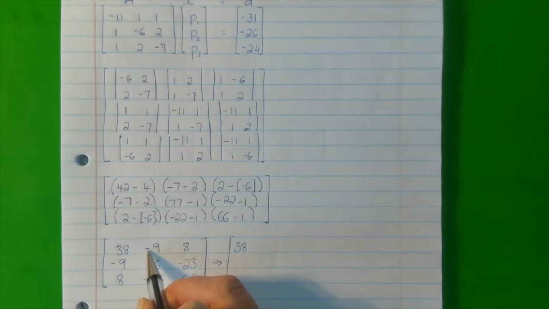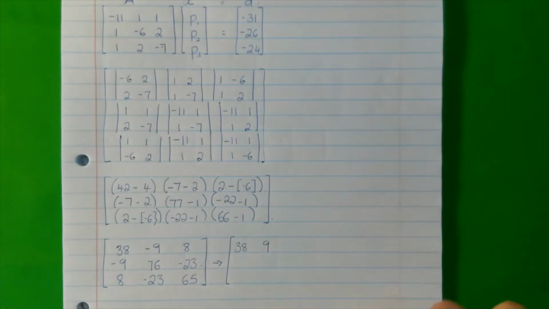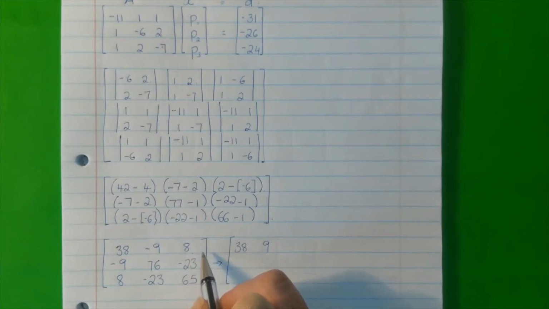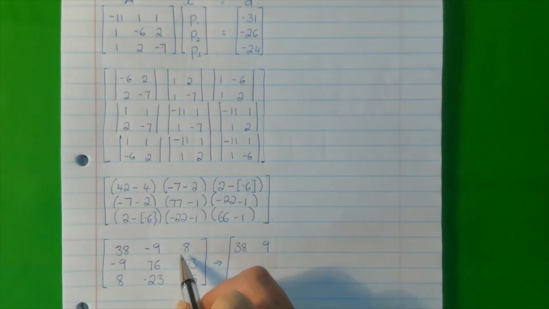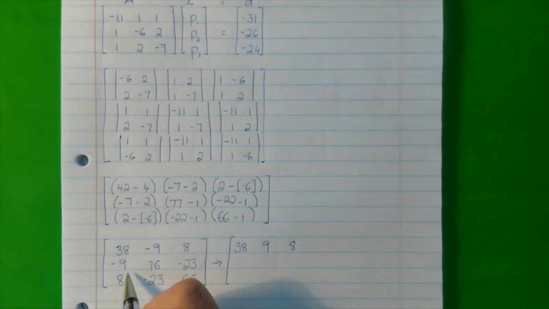So here it's a negative, so we're going to have a positive, so we'll end up with 9. This element, first row, third column, 1 plus 3 equals 4, which is an even number, hence the sign will not change. And so we continue.